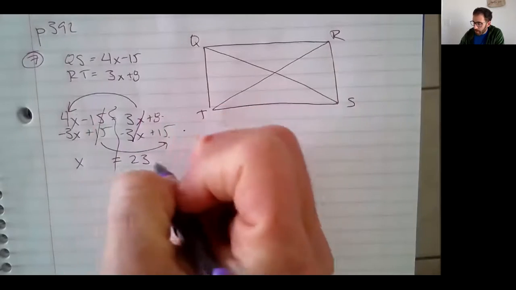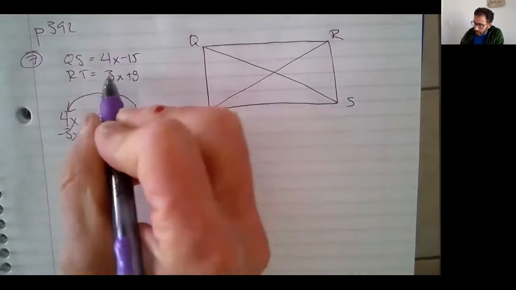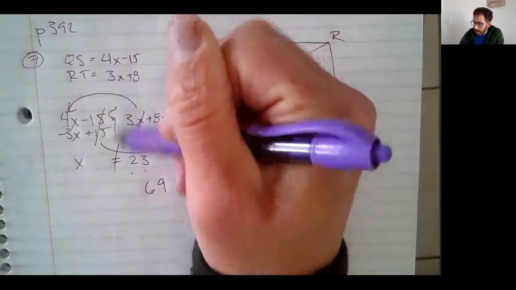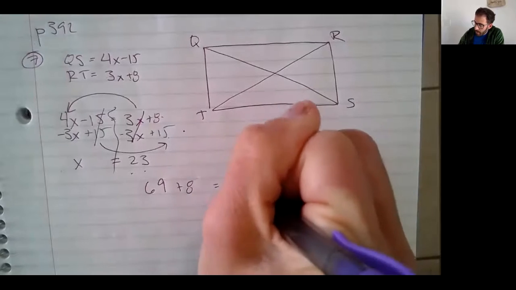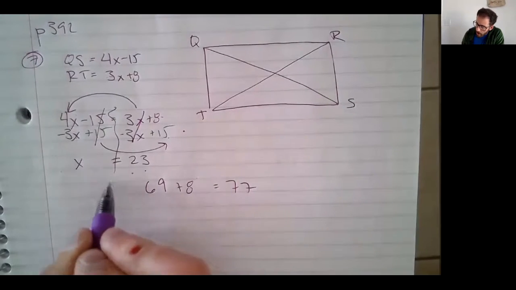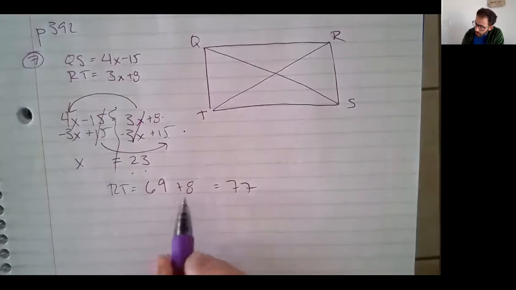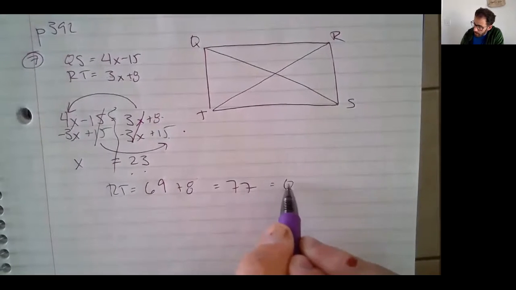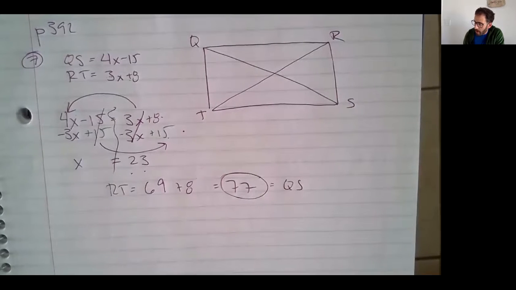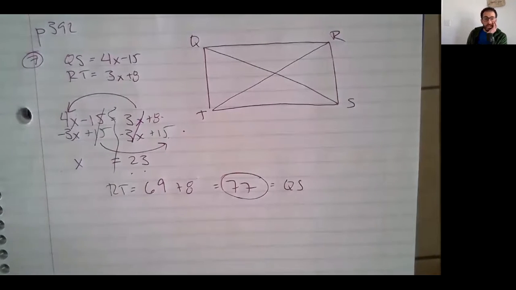So 3 times 20 is 60 and 3 times 3 is 9. So 3x is 69. And then we have to add 8, and that would be 77. So RT is equal to 77 units, which is also equal to QS. So the length of the diagonals is 77 units.